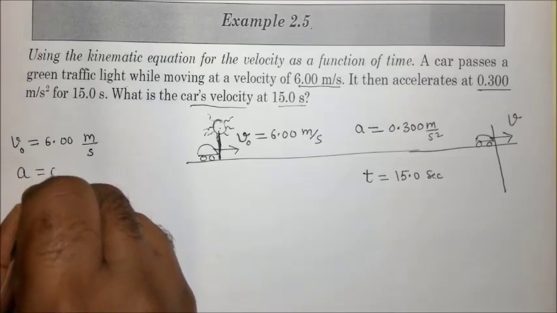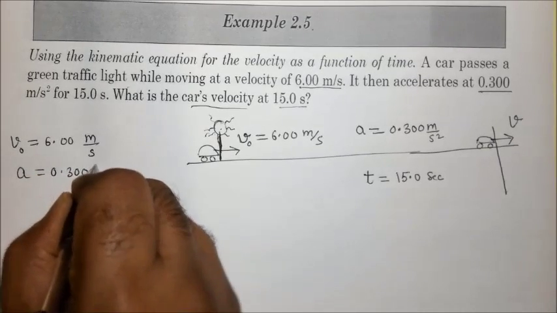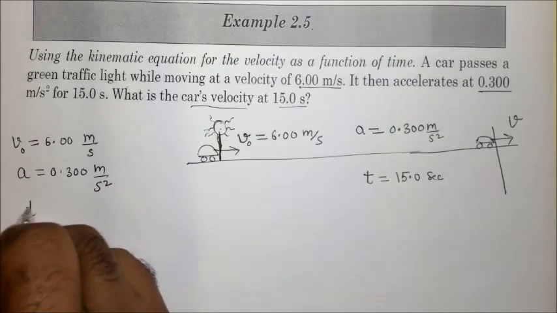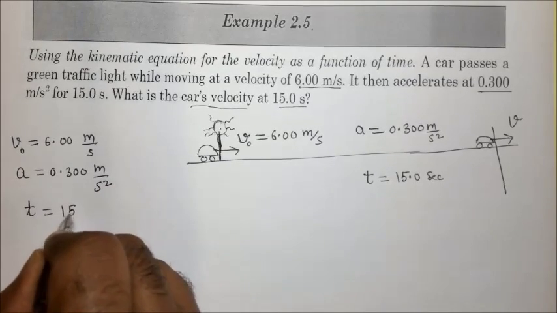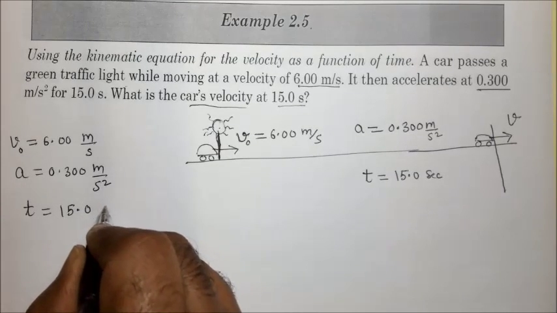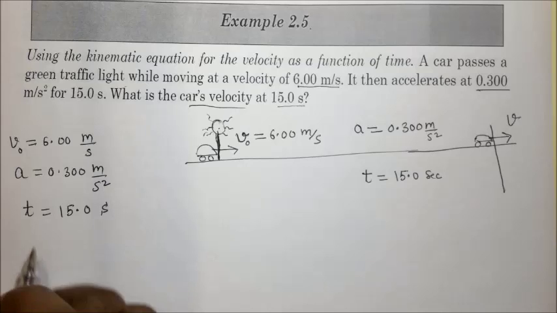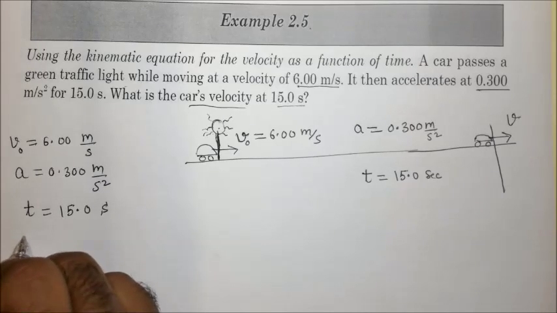A is equal to 0.300 meter per second square. T is 15.0 second. And then we are looking for V final.